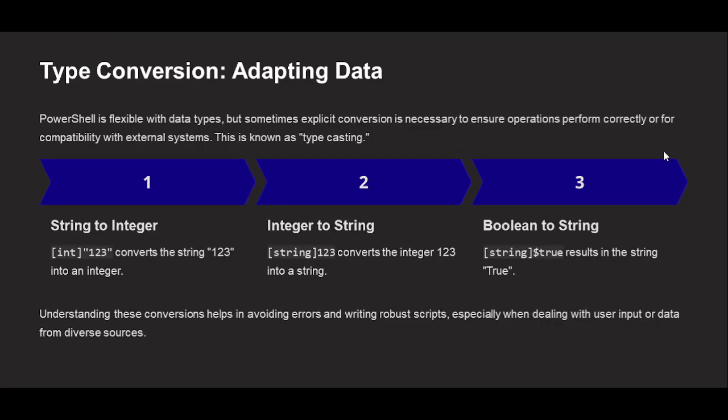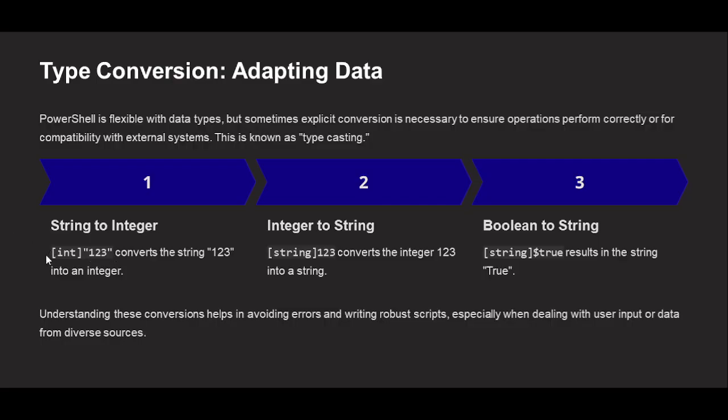That is called type conversion. So what is type conversion, guys? It is something where I can convert one data type into another data type. So how can I do it? I want to convert a string to an integer. We know that everything we write inside a double quote is called a string, right?